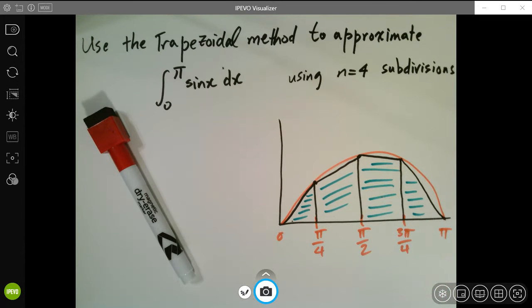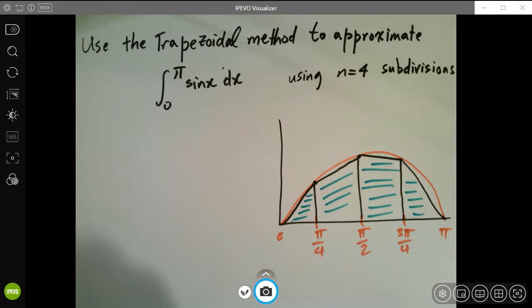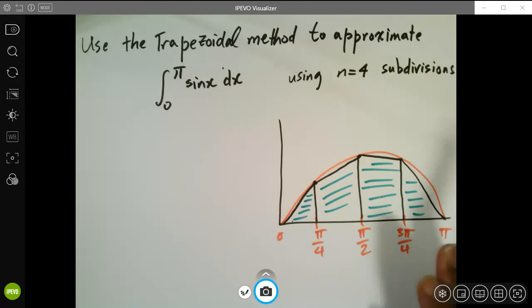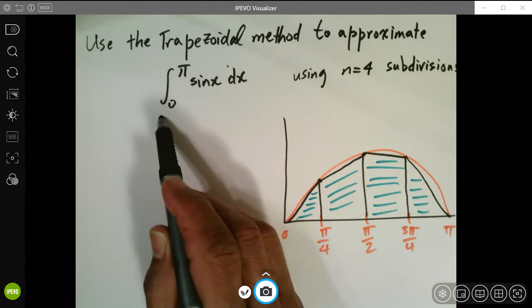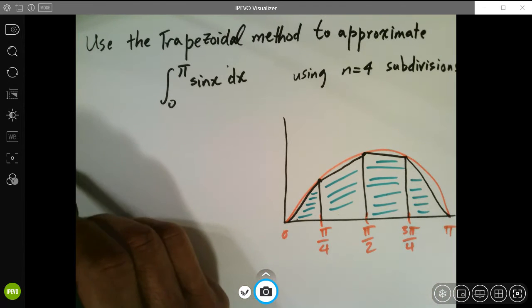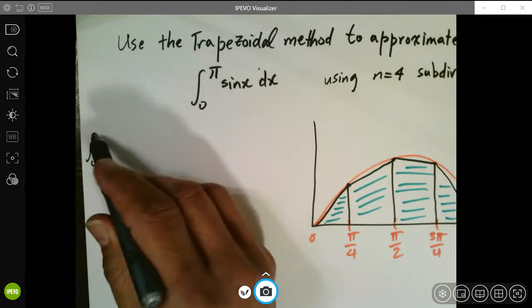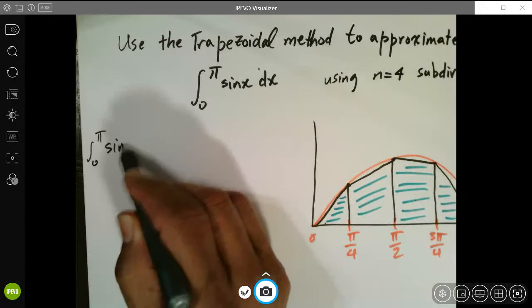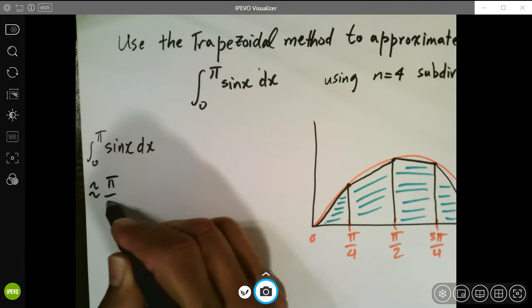Okay, what do I have? I'm not going to do it again, but you can compute this one. If you do the math, this one is approximately pi over 8.